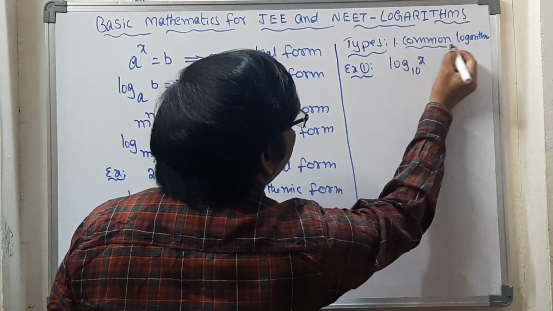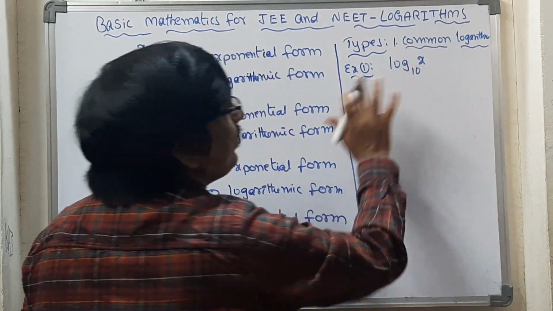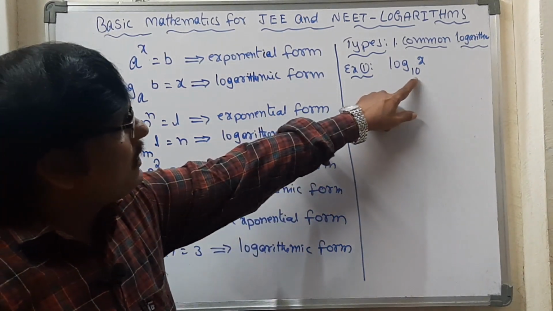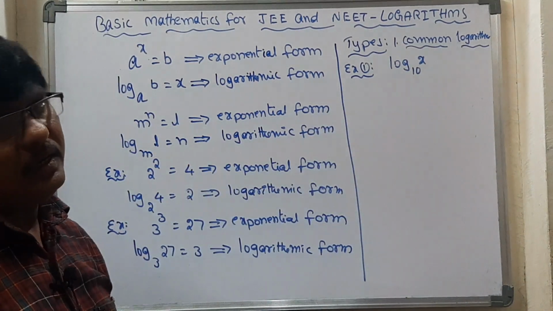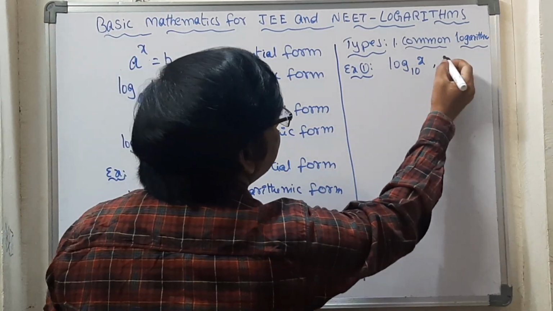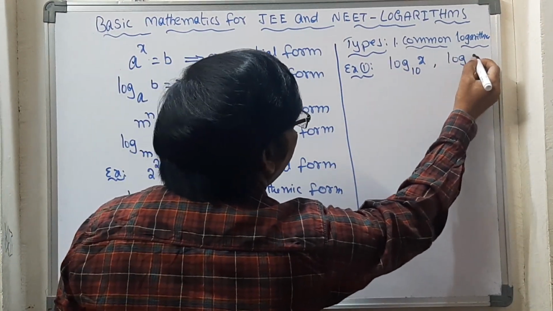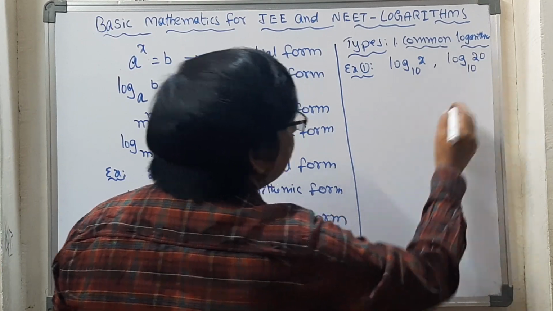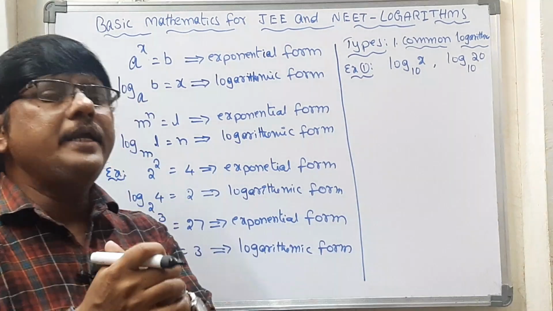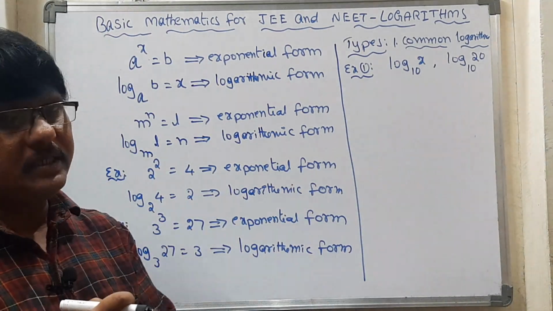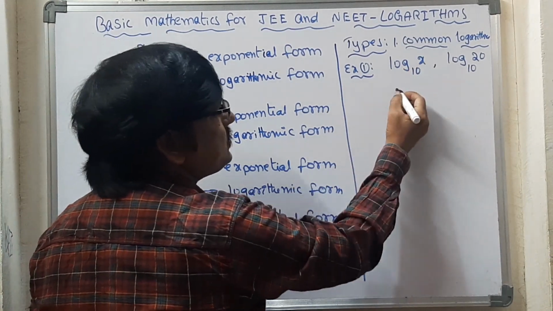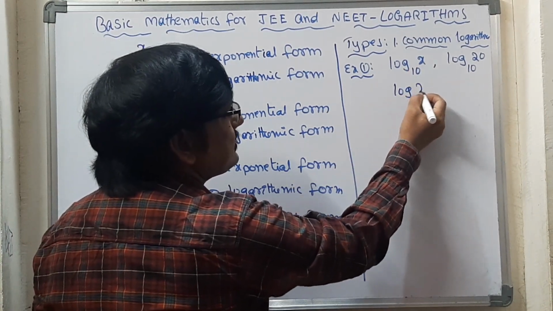So what is meant by a common logarithm? If any logarithmic function has a base of 10, we call it a common logarithm. One more example: log 20 base 10 is also a common logarithmic form. And one very important thing is that sometimes this same log x base 10 can be written simply as log x.